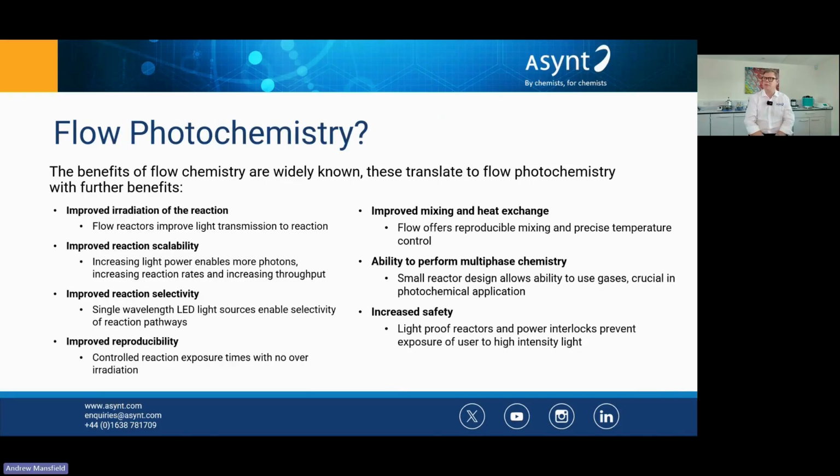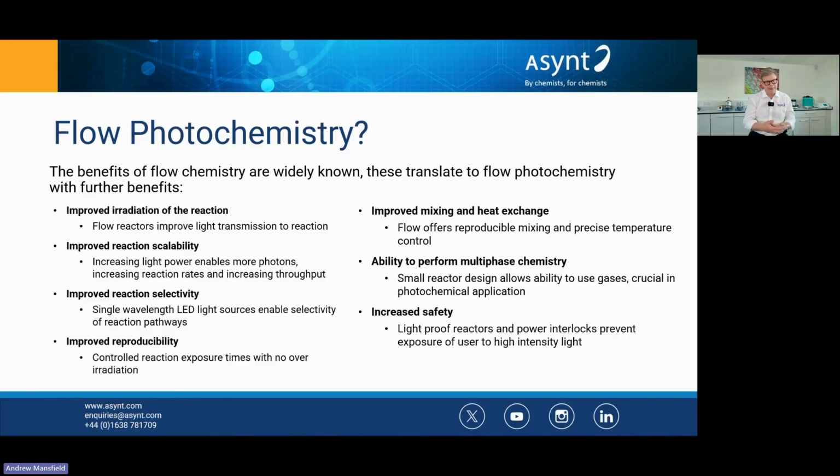I've highlighted some of the advantages of continuous photochemistry using flow reactors. Flow chemistry does give us some advantages over traditional batch techniques, and then adding a light source into that equation gives us some further benefits as well. We've spoken about the improved irradiation of our reactors, so we can improve that light transmission into our reaction.